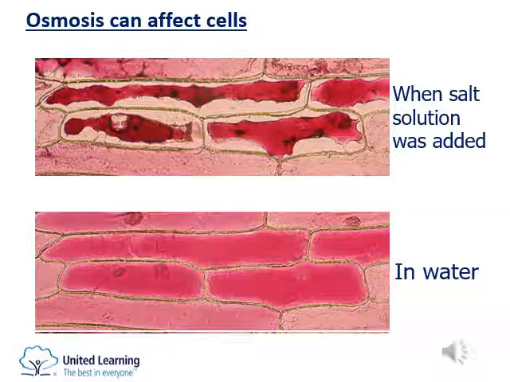Osmosis can affect cells in our body, and this is why it is so important that we stay hydrated. This is what happens when people become dehydrated. In the top diagram, the cells, probably not taken from humans, probably taken from an animal, have been surrounded by salt solution. And in the bottom diagram, the cells have been surrounded by distilled water.